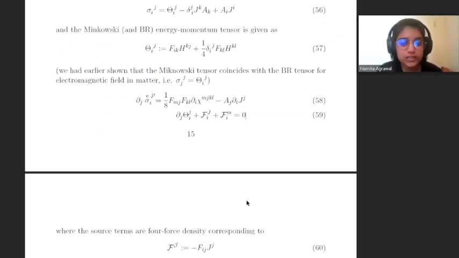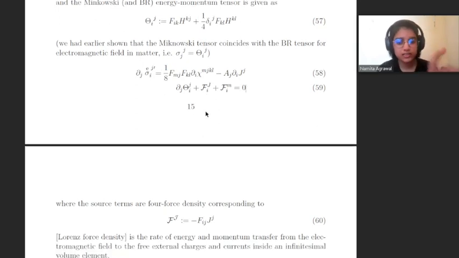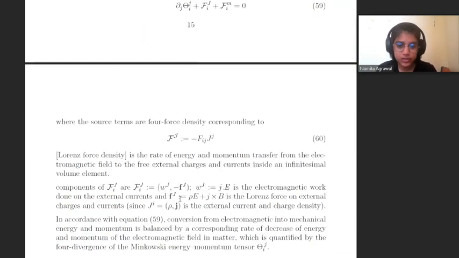First is the divergence. Second, I can say it's kind of like a Lorentz force density, which is nothing but the transfer of energy from the EM field to the free sources and currents in the background. Its components are nothing but the work done and the Lorentz force on those free charges.